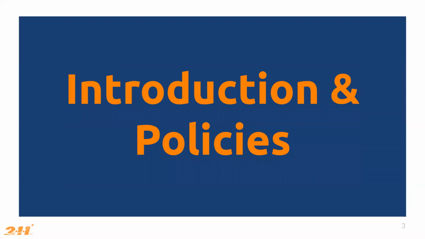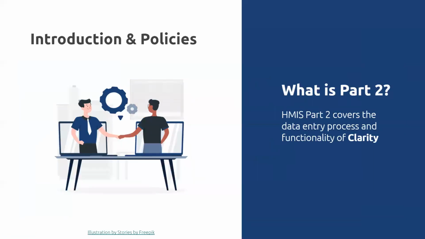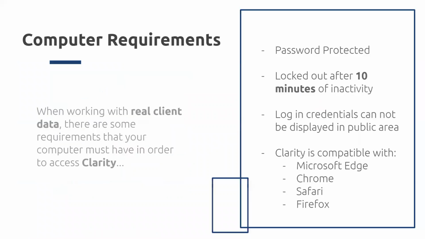So first off, we will introduce and discuss the policies associated with Part 2. So what is Part 2? HMIS Part 2 training covers the data entry process and also the different functionalities of Clarity, which is the software that we use for HMIS. When you work with real client data, there are some requirements that your computer must meet in order to access Clarity.